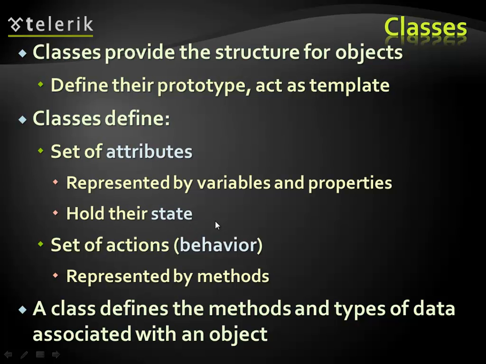The word state here usually refers to the fact that once we have an object, like it says here, classes provide structure for objects. Like I mentioned, if we have a person, we can have a field that says the person's age. That will be an integer. But if I have a specific object that refers to a specific person, then this will contain a real number.